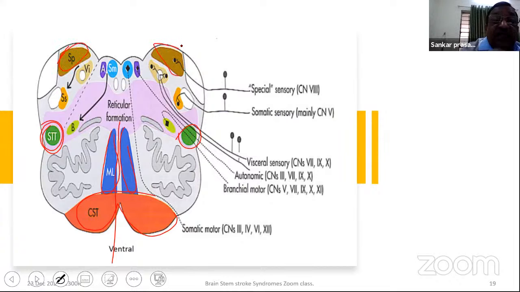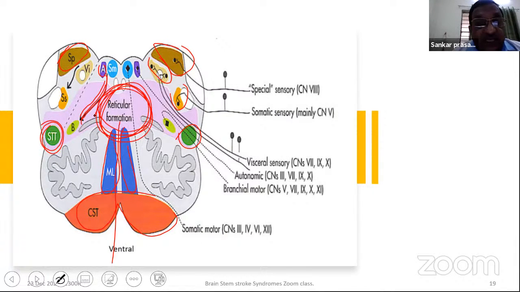This is the eighth nerve nucleus, this is the fifth nerve nucleus, and also the visceral or V1. And this is the autonomic nervous system, the sympathetic fibers, they are also there. And the central part is the reticular formation. Brainstem strokes may be associated with loss of consciousness if there is involvement of the reticular activating system.